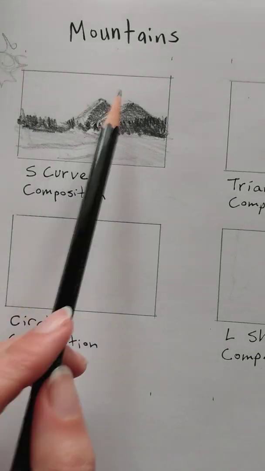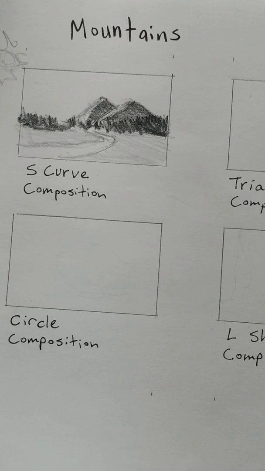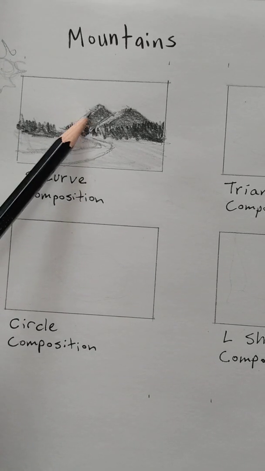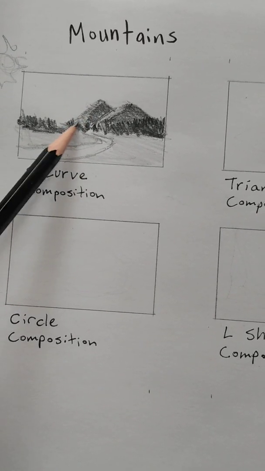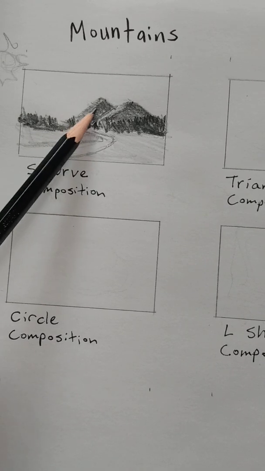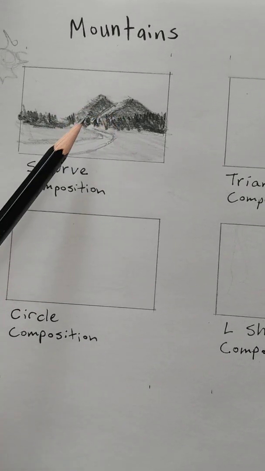Okay, so notice it's got an S there, but if that seems to distract too much, I can darken part of that in and make it so it doesn't stand out as much so that my S comes out more.